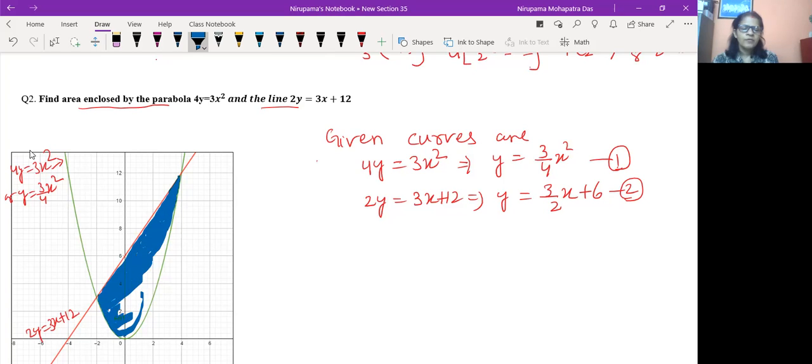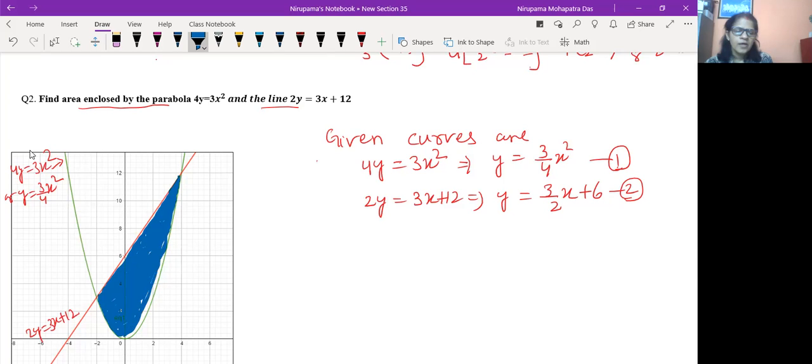Like for example, whenever we say x square equal to 4y form, that is basically a parabola symmetric about the y axis. Quadratic in x, so axis along y axis.